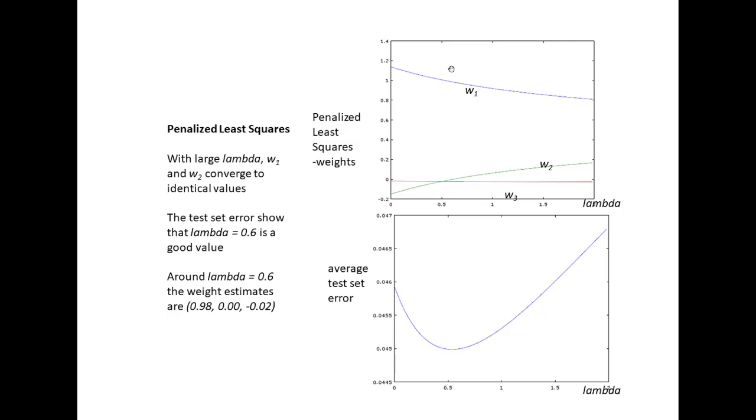And then here's how the parameters change when we increase lambda. W1 becomes smaller, W3 is not much affected, and W2 even gets larger. Now this doesn't contradict what I said before, because W1 and W2 are not independent.